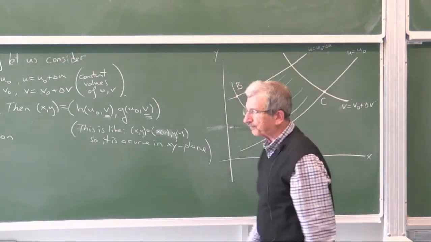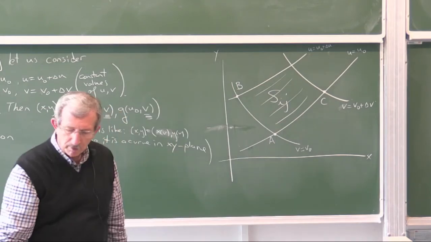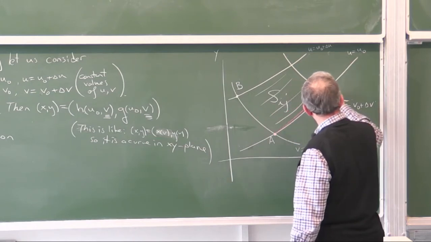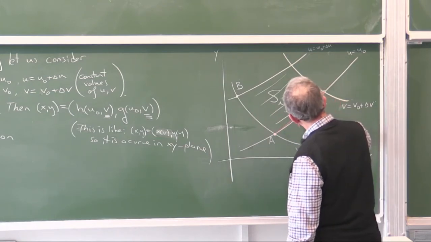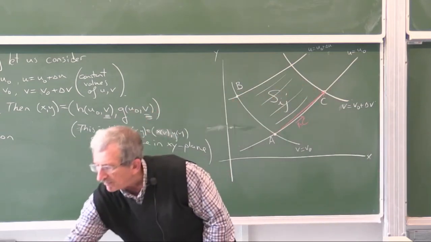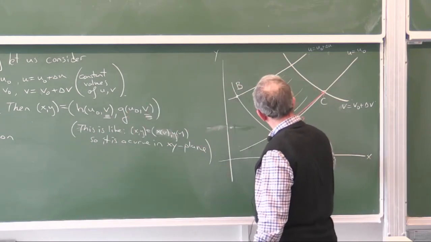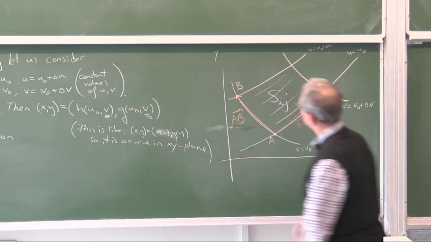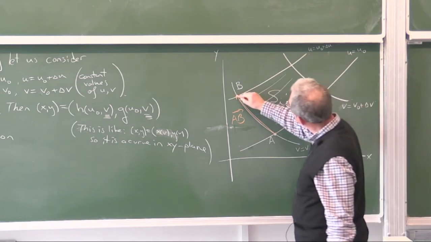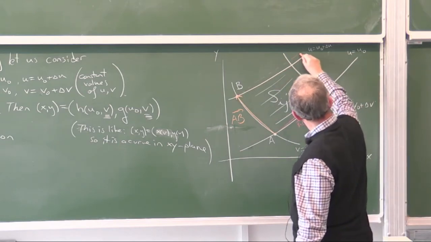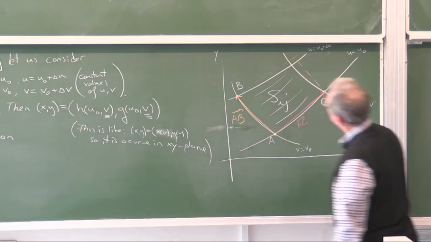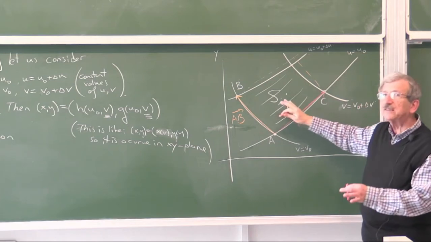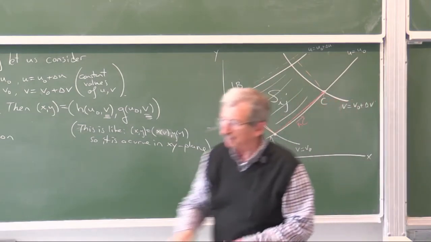To estimate this, I will construct the vector AC and the vector AB. That cross product will give the area of the parallelogram, which is more or less the same as the area of Sij.